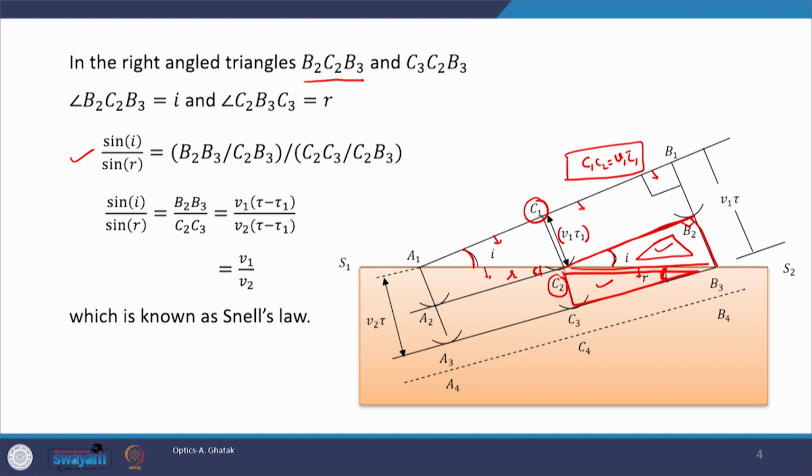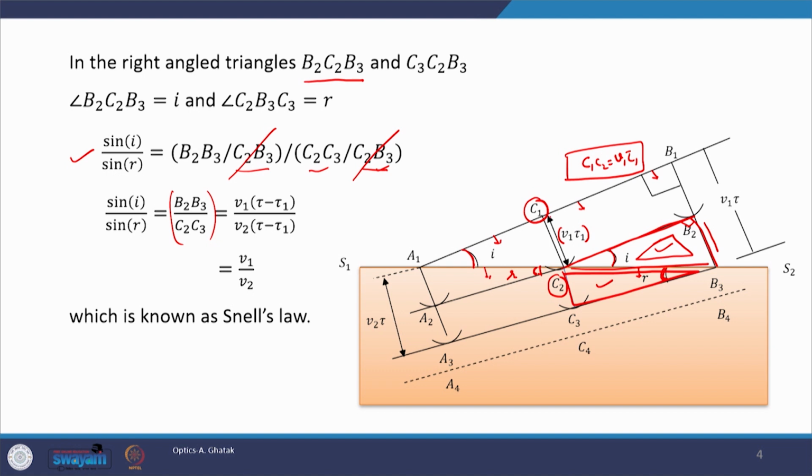Now, sin I would be equal to B2 B3 by the hypotenuse, which is C2 B3. Similarly, sin R would be C2 C3 by C2 B3. Since C2 B3 is common in both the denominators, it will cancel and we would be left with B2 B3 by C2 C3.